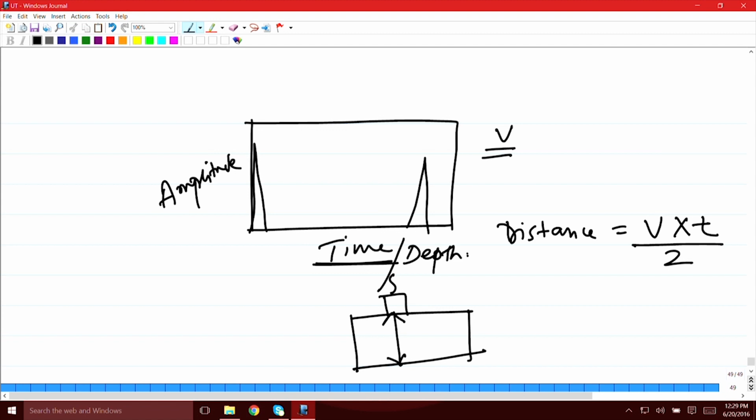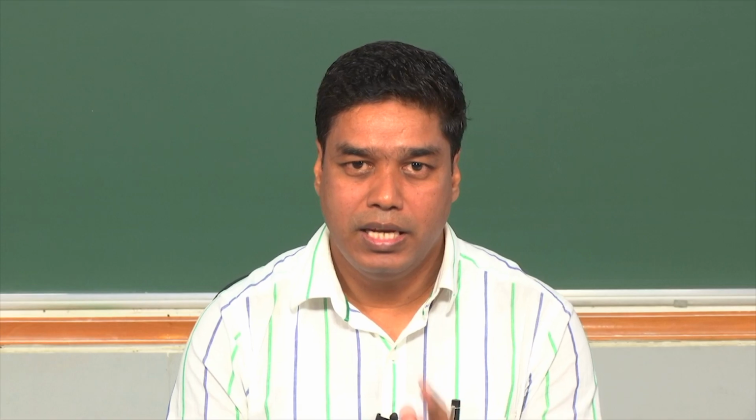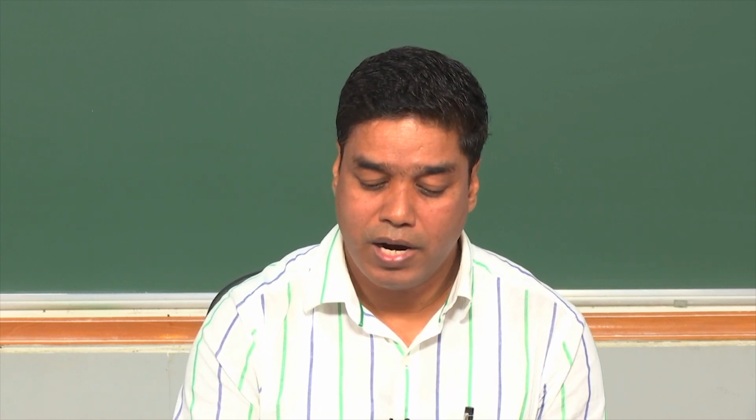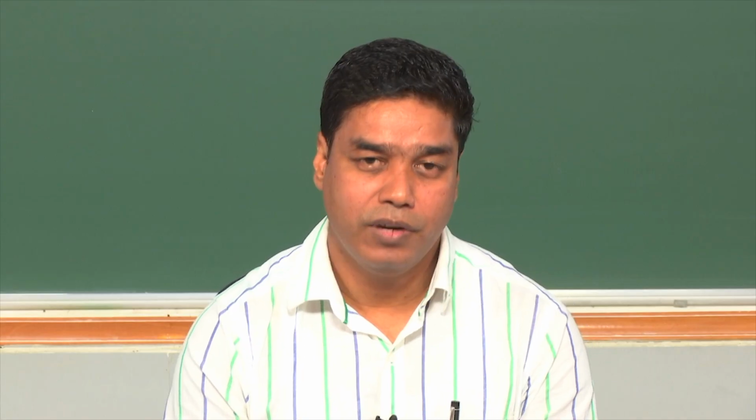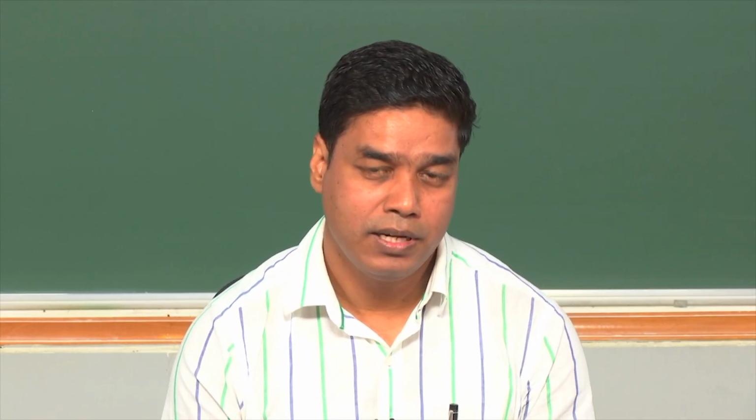And now, if your instrument is properly calibrated with respect to depth, then you could see at what depth a defect is appearing, that is where the defect is lying, directly on the display itself. So, this is the advantage when your instrument is properly calibrated.